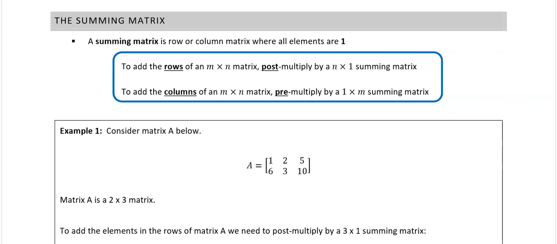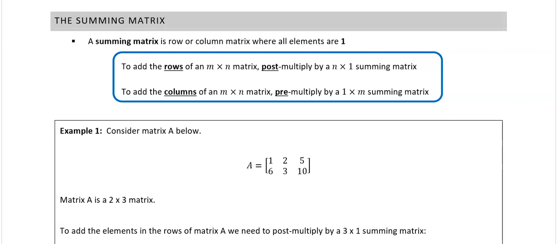So, for example, let's just look at this matrix A that we've got on the page. And let's say I did want to add up the rows of that matrix. So I wanted to be able to perform a function where I am adding 1 plus 2 plus 5 and getting a result, and 6 plus 3 plus 10 and getting a result.